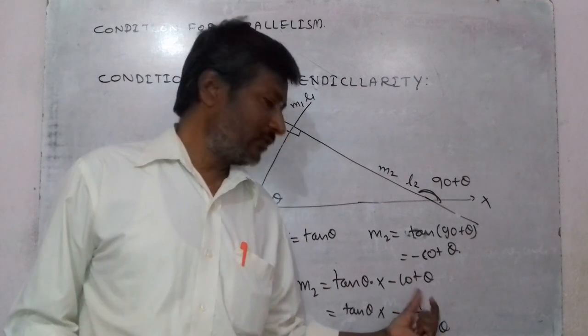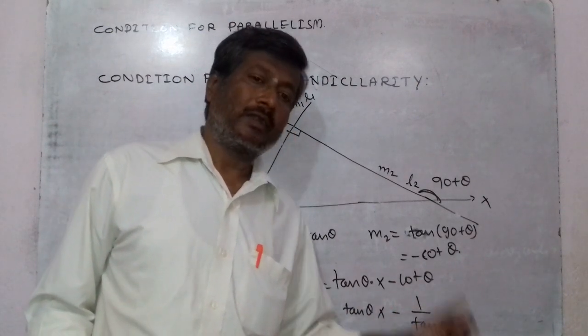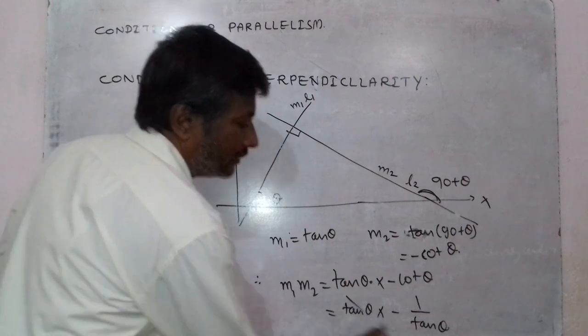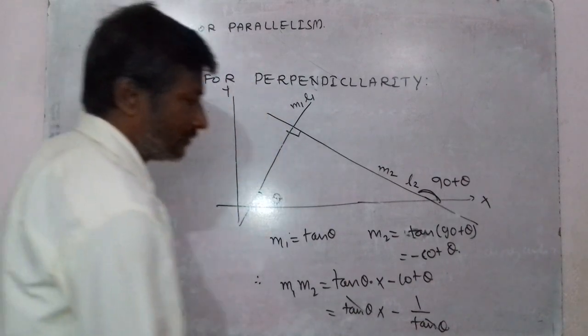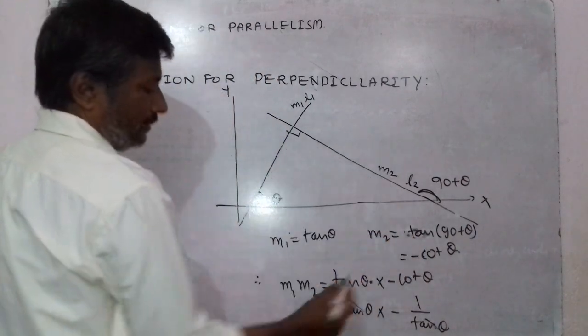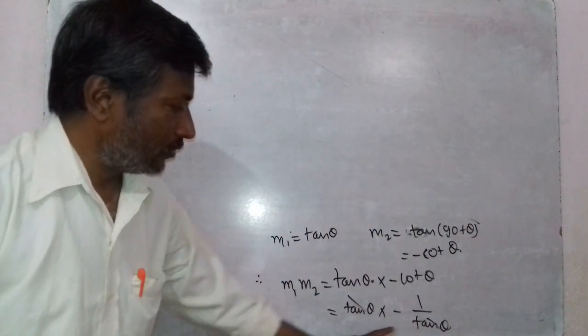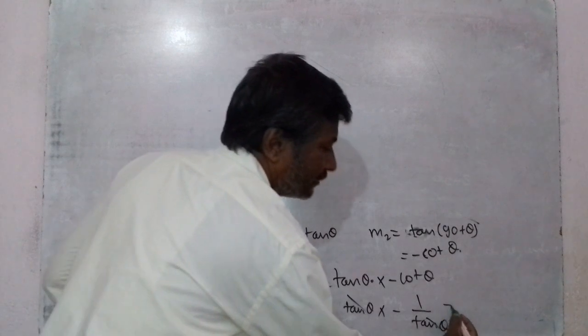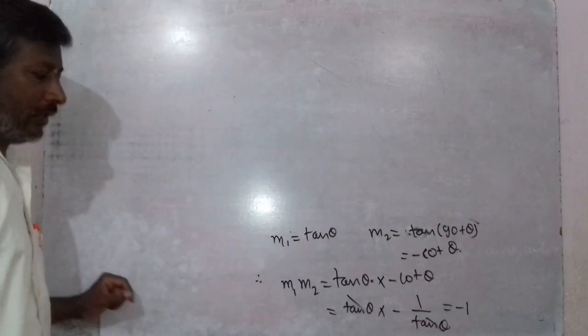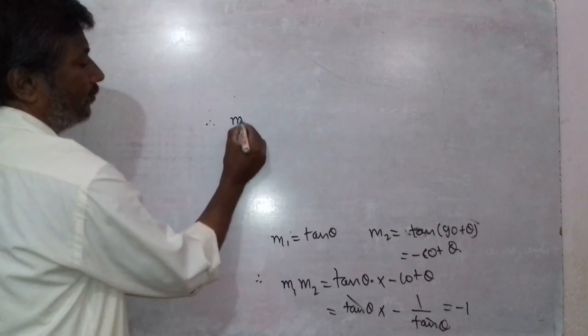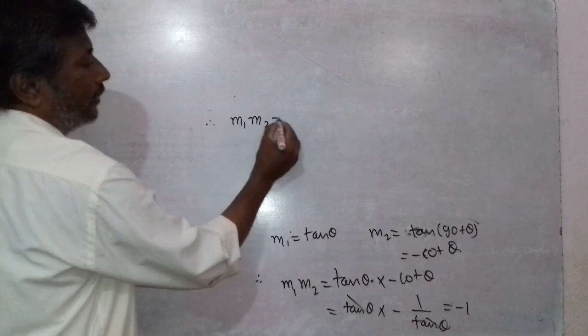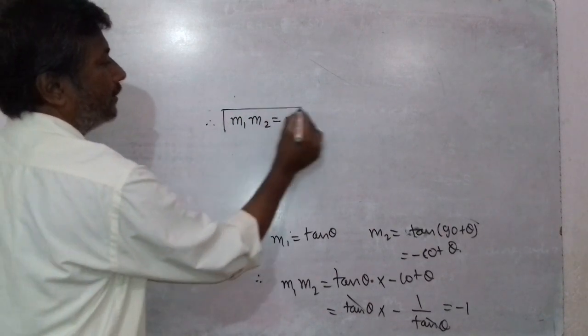The basic trigonometric ratio is cot theta equal to 1 upon tan theta. So these two get cancelled, and m1 m2 equals minus 1.